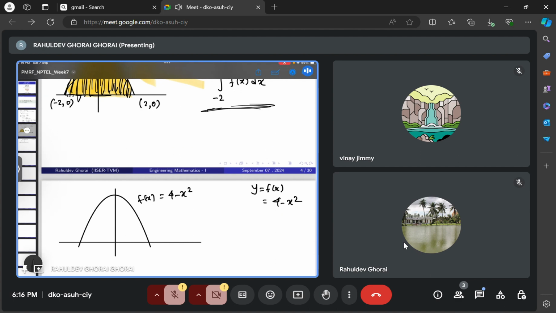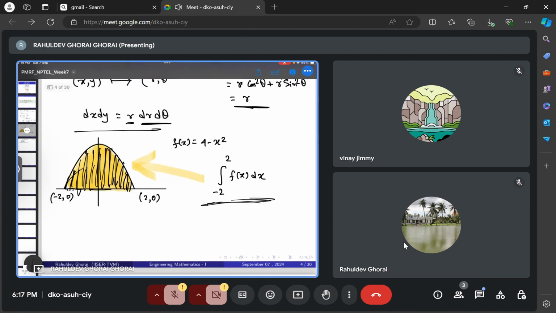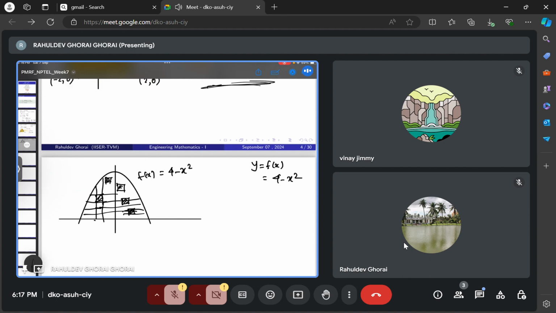The area is under this curve, so if you take small rectangles and fill the region with them, you can evaluate the area by summing up all the rectangles instead of infinitely many vertical lines.